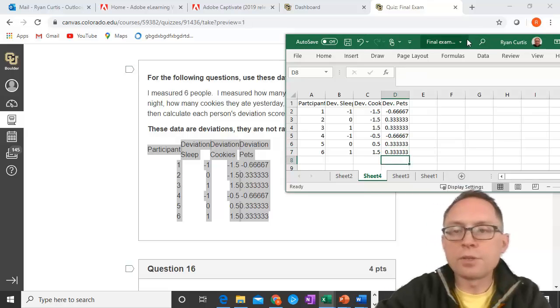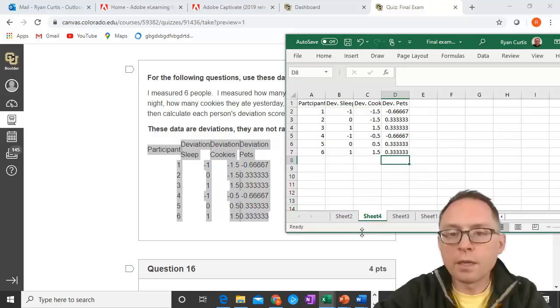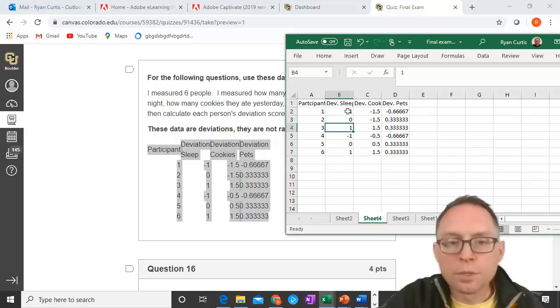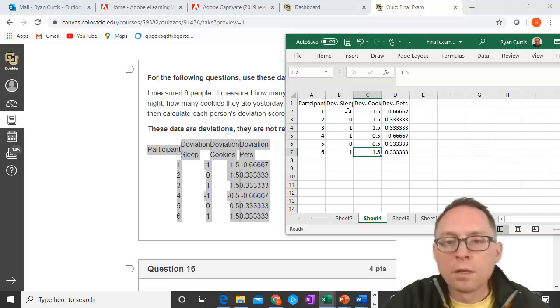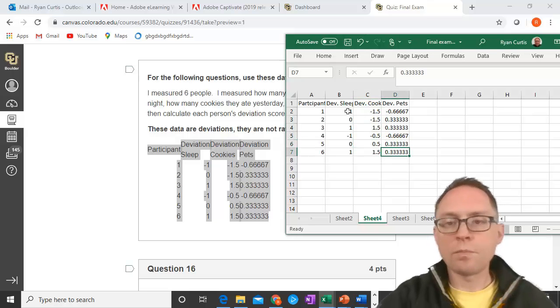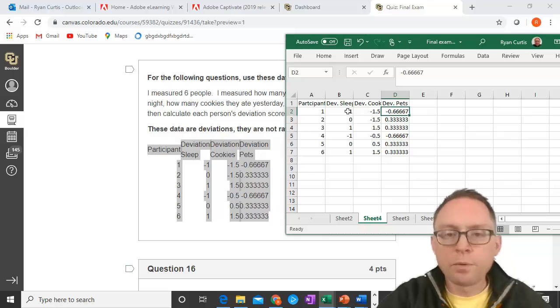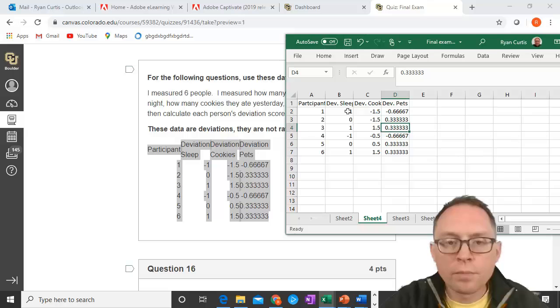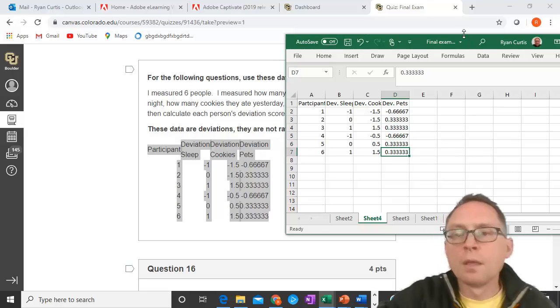All right, let's check that. Make sure it looks right so that we don't make any mistakes. -1, 0, 1, -1, 0, 1, -1.5, -1.5, 1.5, -0.5, 0.5, and 1.5, -0.66667, 0.33, 0.33, -0.67, 0.33. Okay, great. That's going to look good.